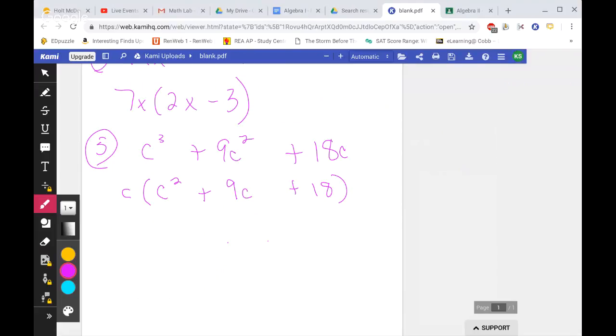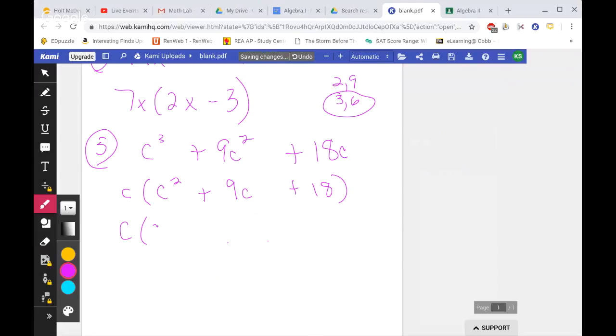What are the factors of 18? 2 and 9, 3 and 6. And 3 and 6 add up to 9.